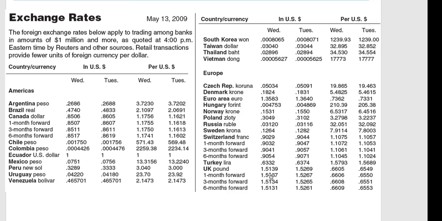So on Wednesday, the quote for establishing today a contract where the currency is delivered 1 month from today was that you need to give up $1.5137 per each British pound. In 6 months, so negotiating today a contract that delivers the currency in 6 months, you needed to give up $1.5131. This gives you an insight into the market expectations about the future exchange rate.